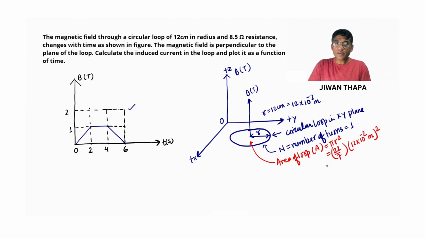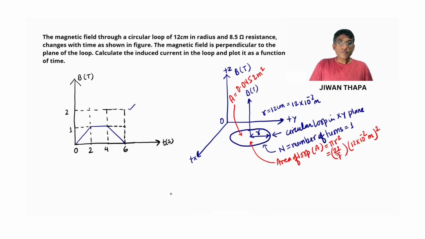The area of the circular loop is 0.0452 meter squared. So we have this. Clear?